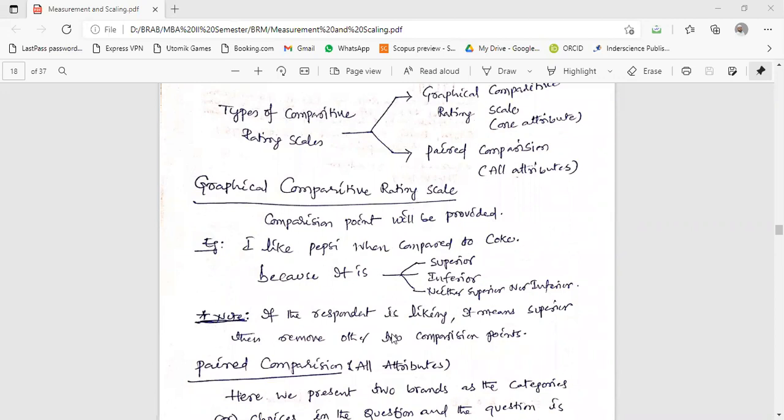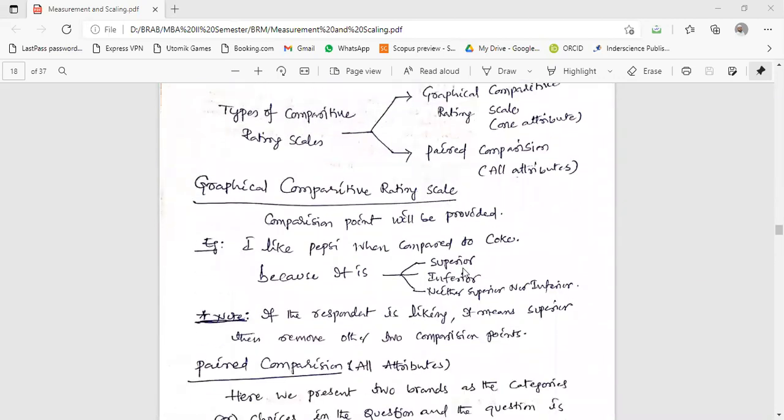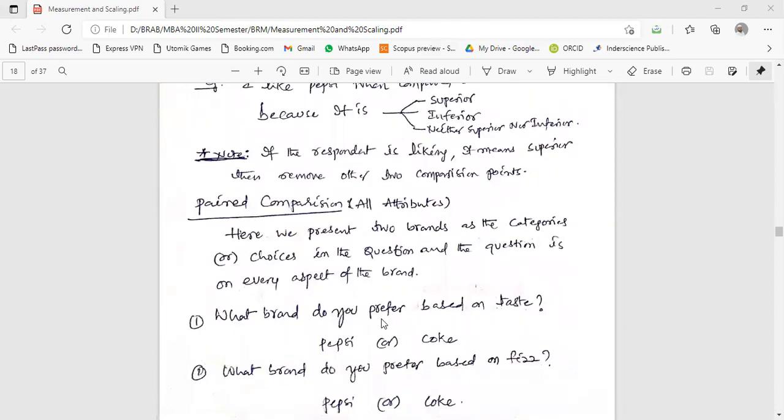Because it may look superior. Or I don't like Pepsi because it looks inferior. So whichever he likes, the remaining options you can delete. So here what are we providing? We are providing a comparison point. What is that comparison? Because it is superior, or because it is inferior, or neither superior nor inferior. Why are you liking? So if you like it, the other options we can delete from the scale.